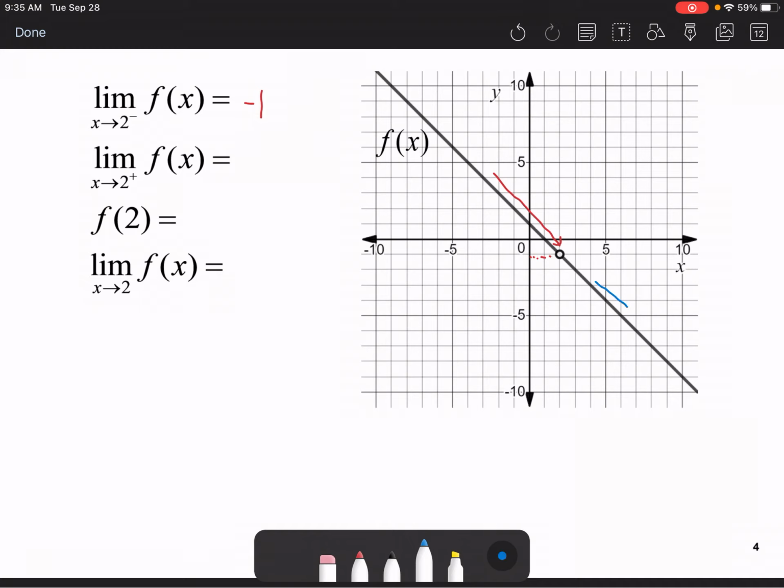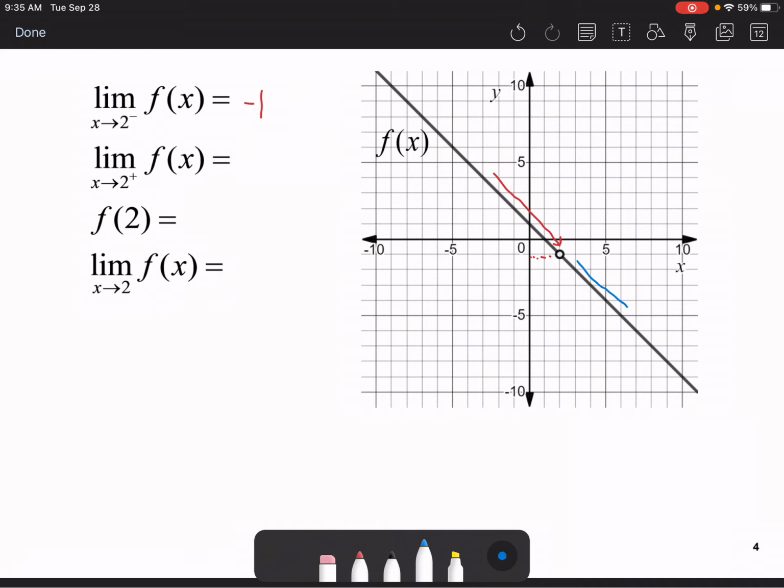As you approach from the right to the value of 2, you get infinitely closer to a y value of -1. Since these two values are exactly the same number, approaching from the left and the right, you say this limit does exist and also equals -1.